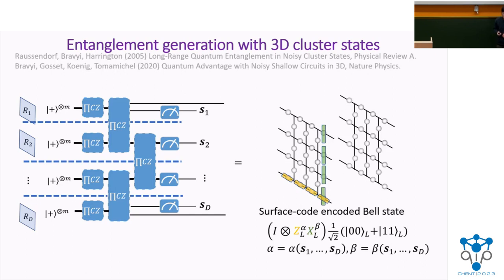What they showed is that the post-measurement state is nothing but a surface code-encoded Bell state with some Pauli logical terms, Z alpha and X beta, where alpha and beta can be computed classically using the measurement outcomes S1 to SD.